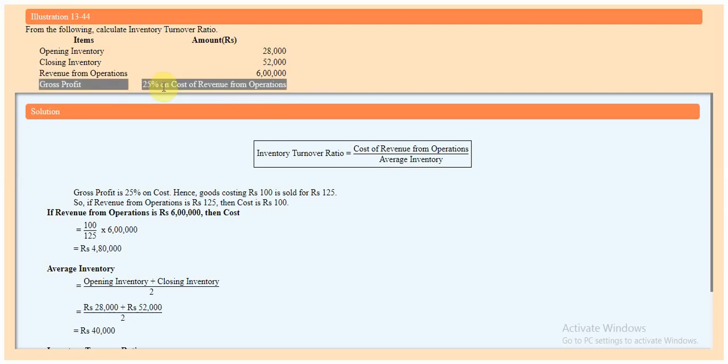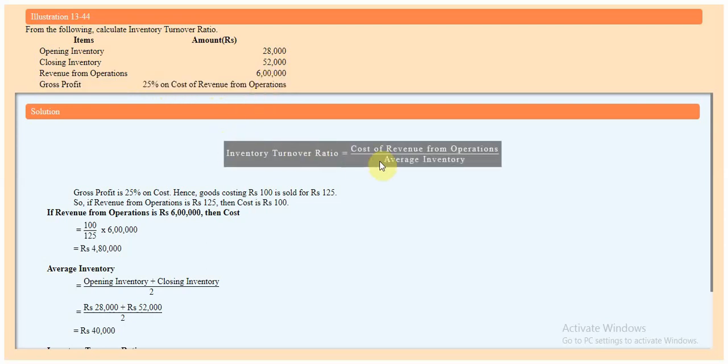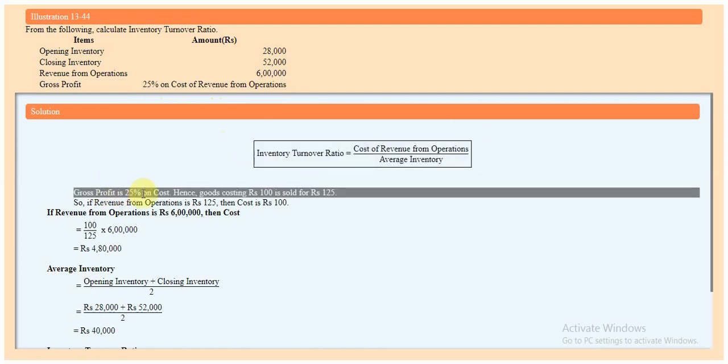It is not 25% on revenue from operations. It is 25% on cost of revenue from operations. There is a difference. So inventory turnover ratio formula we know. Now first we will find out cost of revenue from operations.